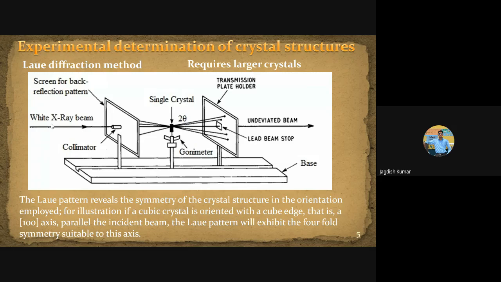All the things will be arranged one way or the other, but the basic thing has to be common. You have to have some monochromator, there has to be some X-ray beam, there has to be some measurement screen which can measure the intensity of the X-rays. There has to be a crystal mounter or sample holder, something like this. So this is all common in all these techniques.